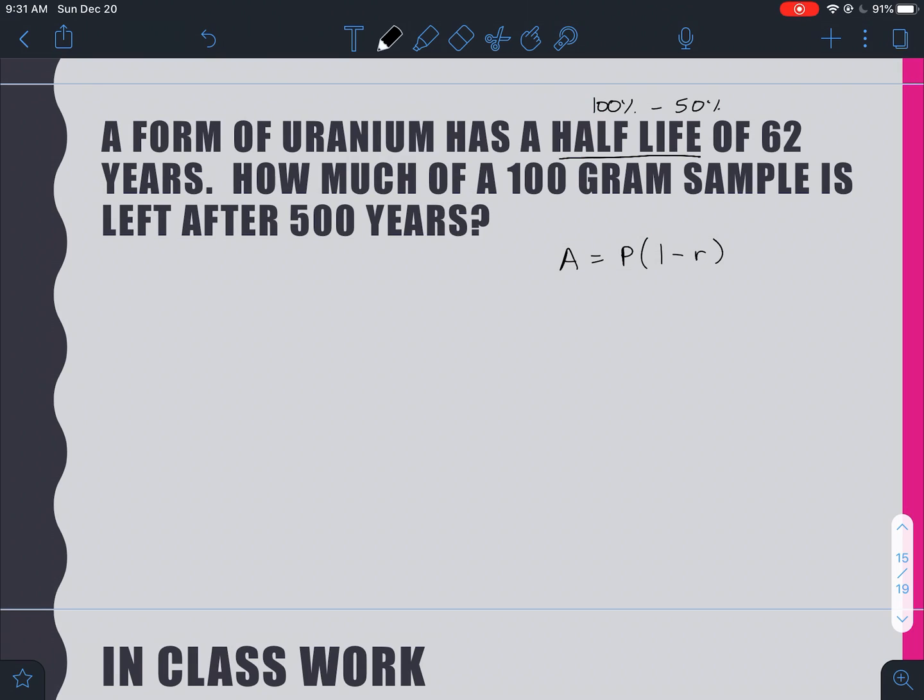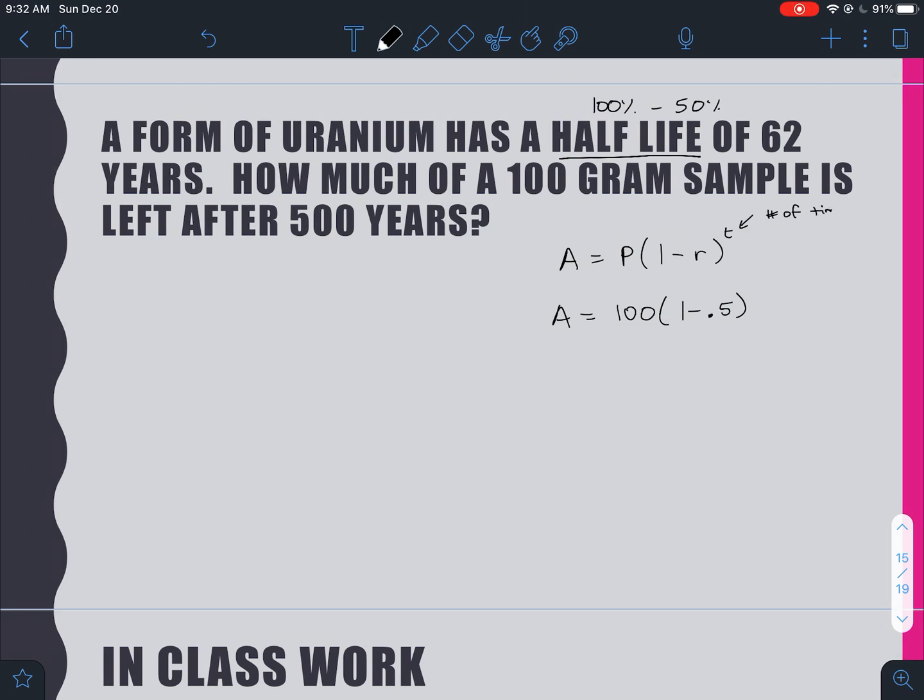So A is going to equal P times 1 minus the rate, and then raised to, we want 500 years, so we can just call that T. So we want how much is going to be left after 500 years. So we're going to start with 100 grams, and then it's going to be 1 minus 0.5 for 50%.